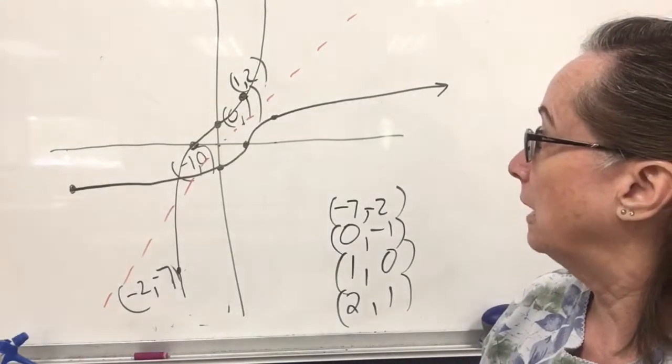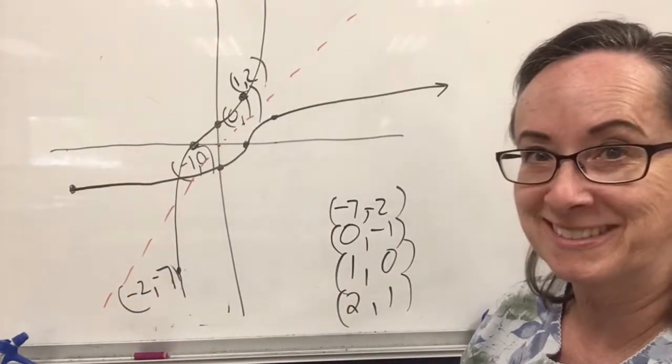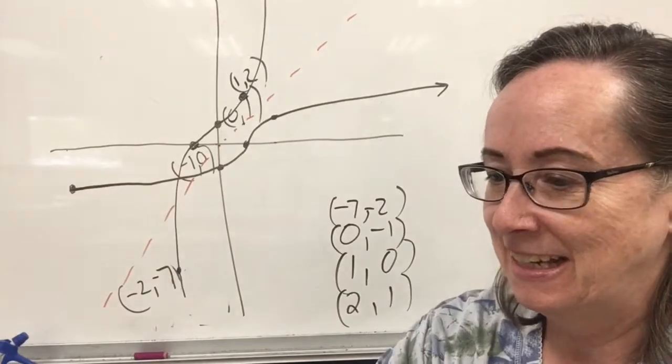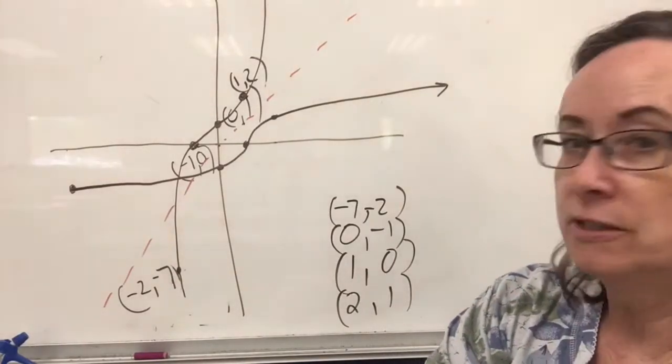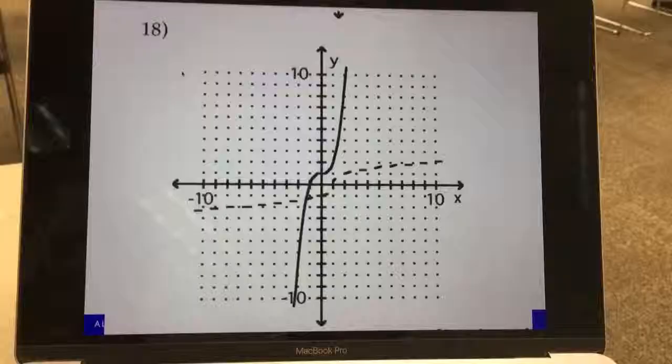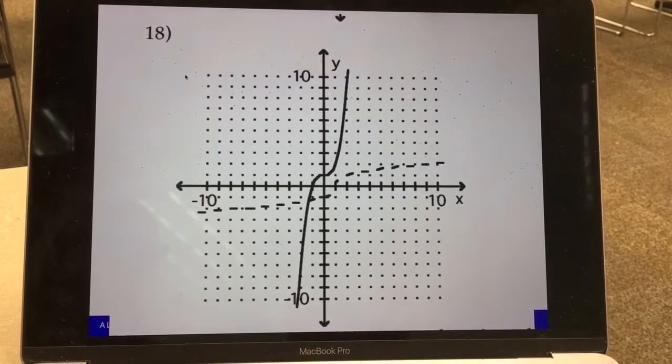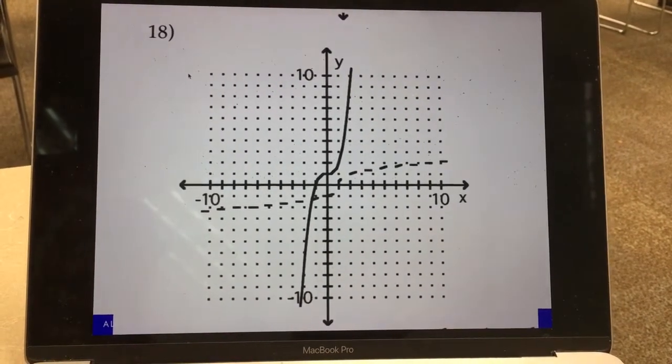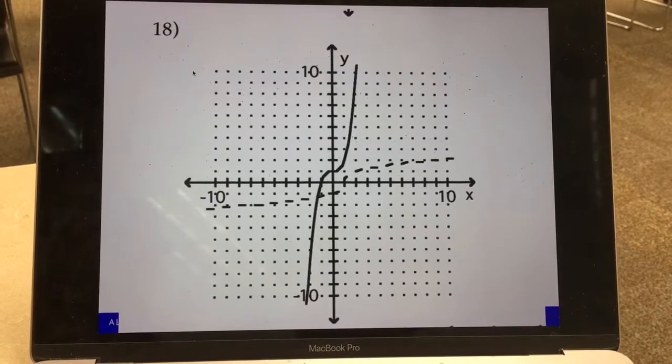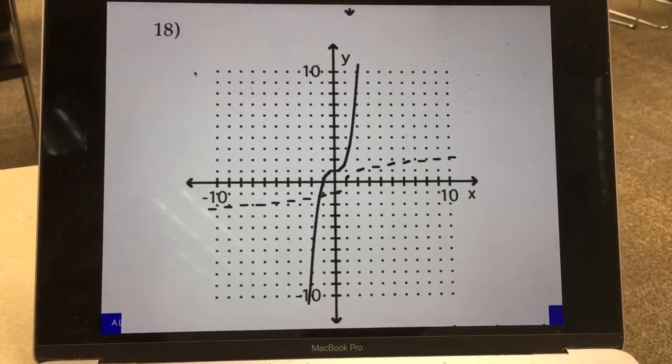So that should be the inverse function. And it is. I've got a picture that's graphed a little bit better. That's the answer that they give you on the PowerPoint.